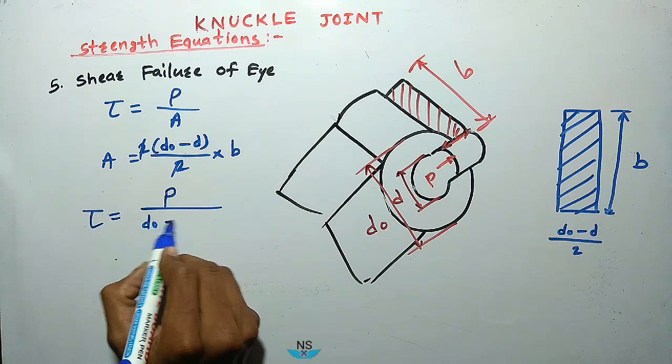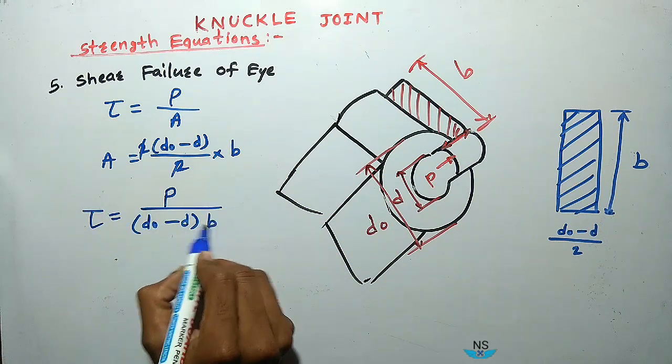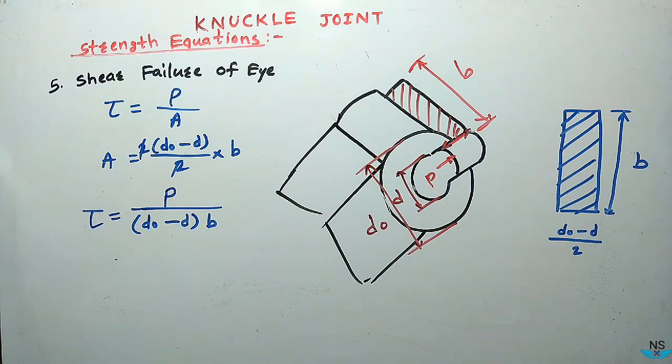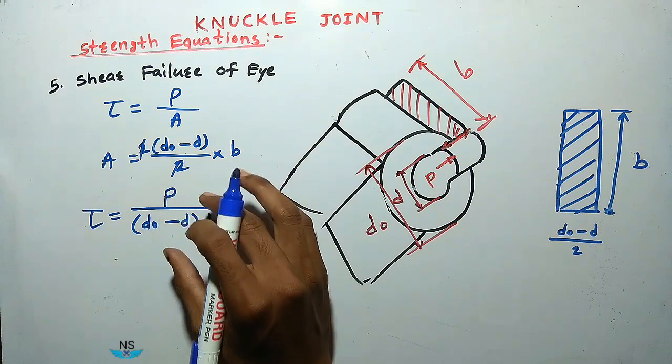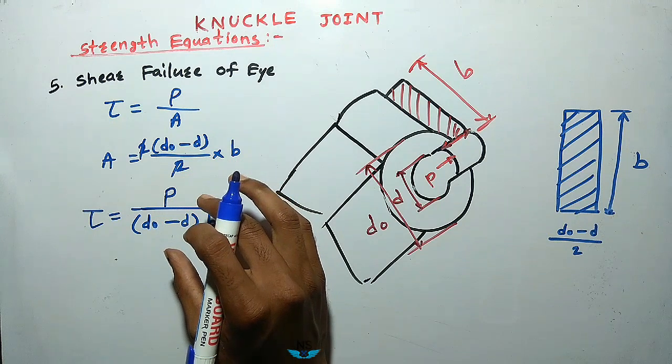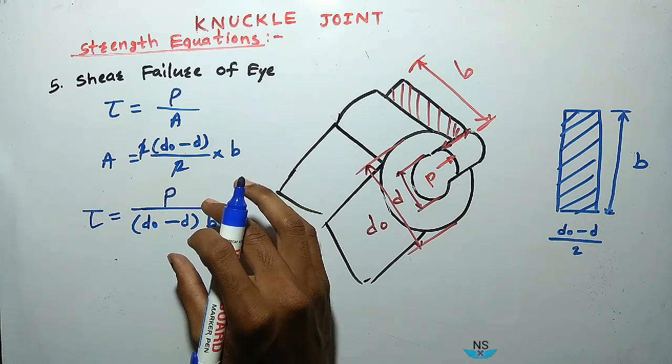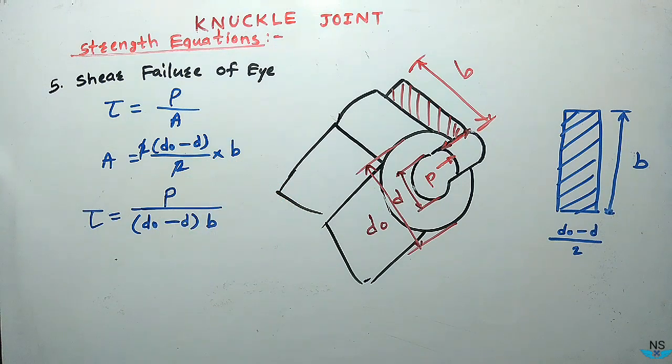So D naught minus D into B. So this is the fifth strength equation of shear failure of eye. It looks like the same formula is for tensile failure of eye. Sigma T is equal to P divided by D naught minus D into B. So this is the shear failure of eye.